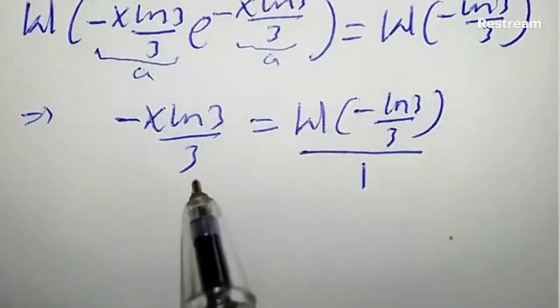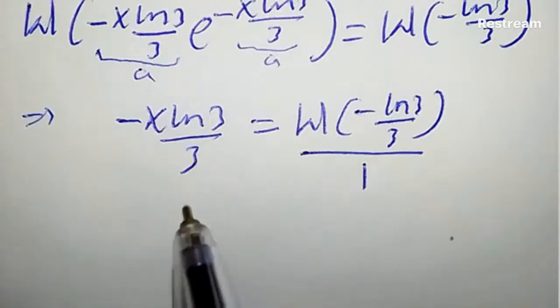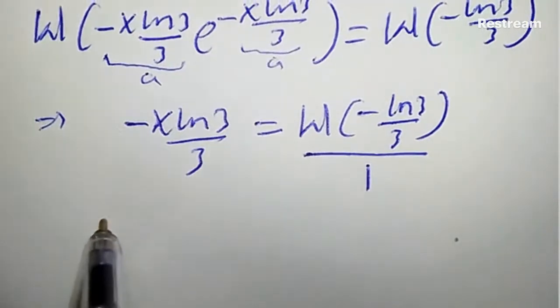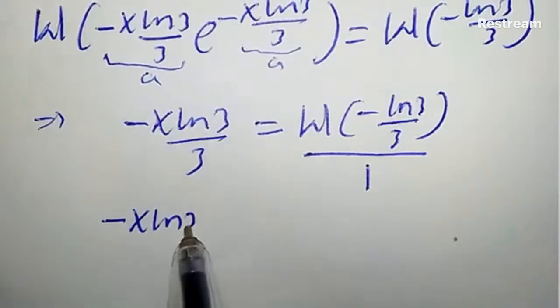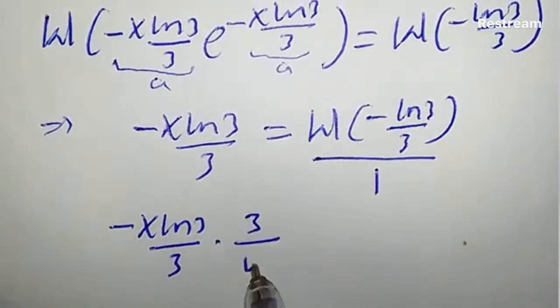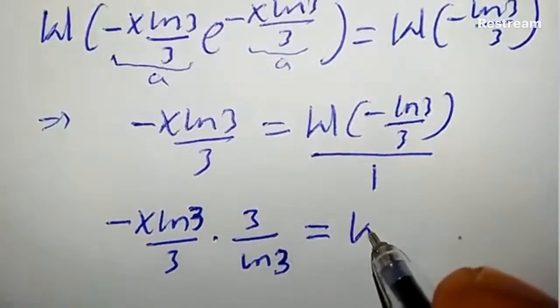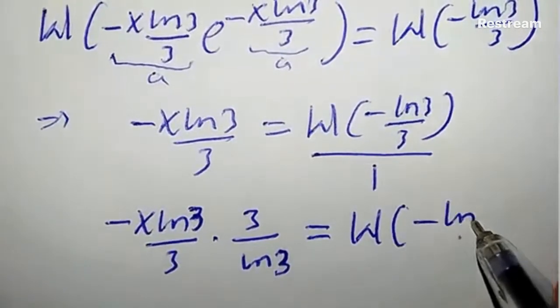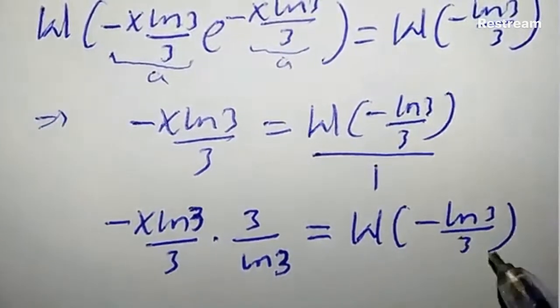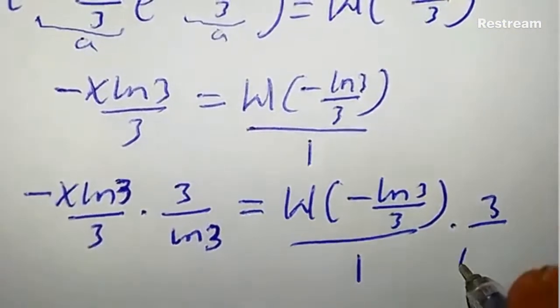Now, to get rid of ln 3 over 3, let's multiply both sides by the inverse of it. So we're going to have negative x ln 3 over 3 times 3 over ln 3. This is 3, this is 3, equal to W of negative ln 3 over 3 over 1 times 3 over ln 3.